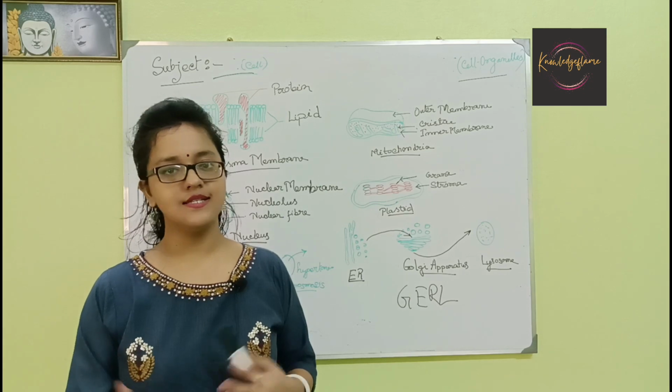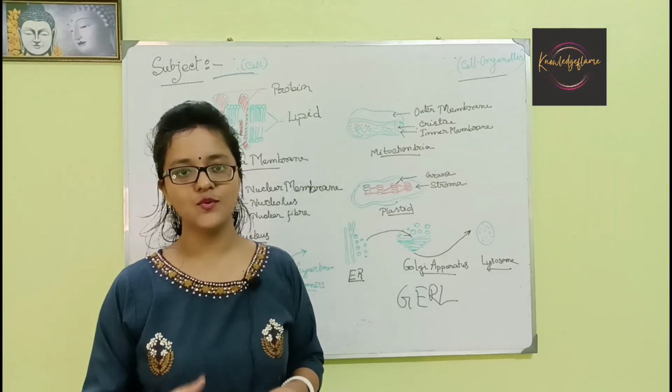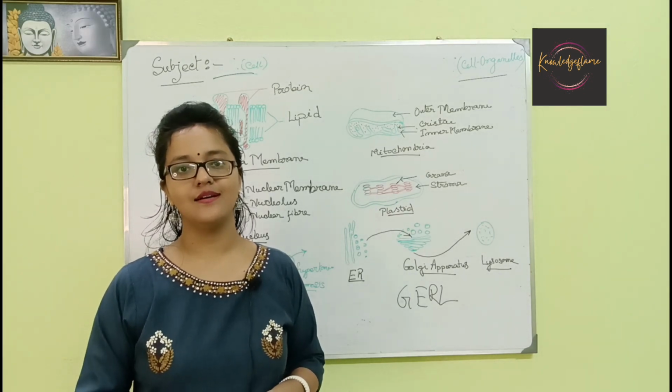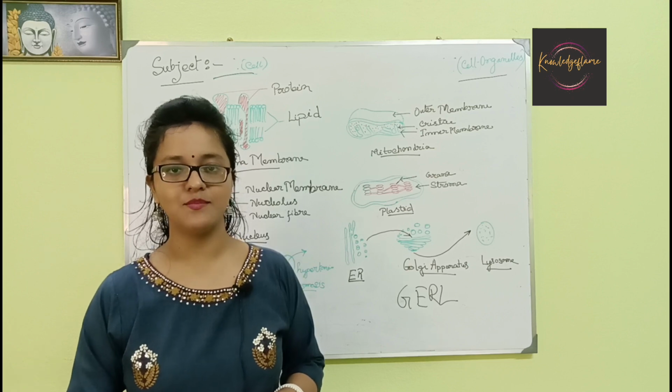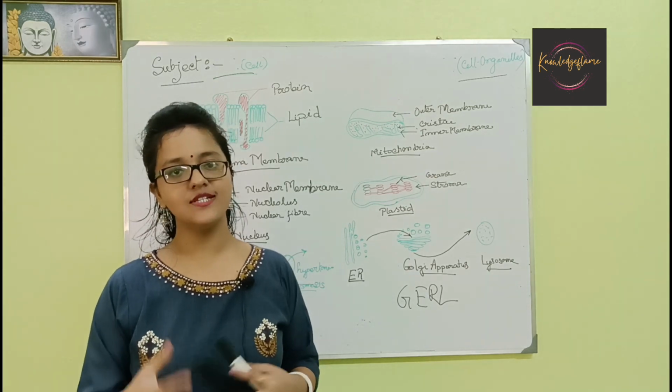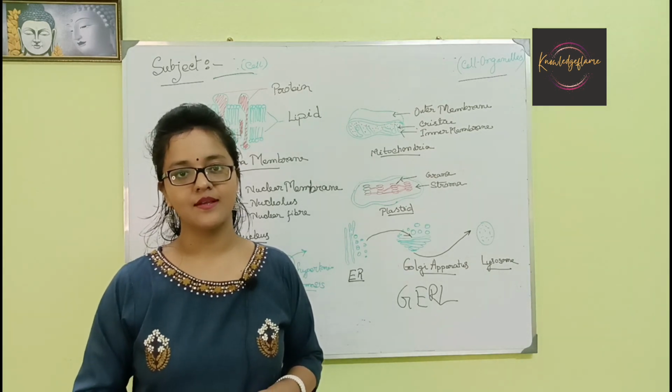So in such a way, osmosis and diffusion work on the plasma membrane to transport different types of materials.